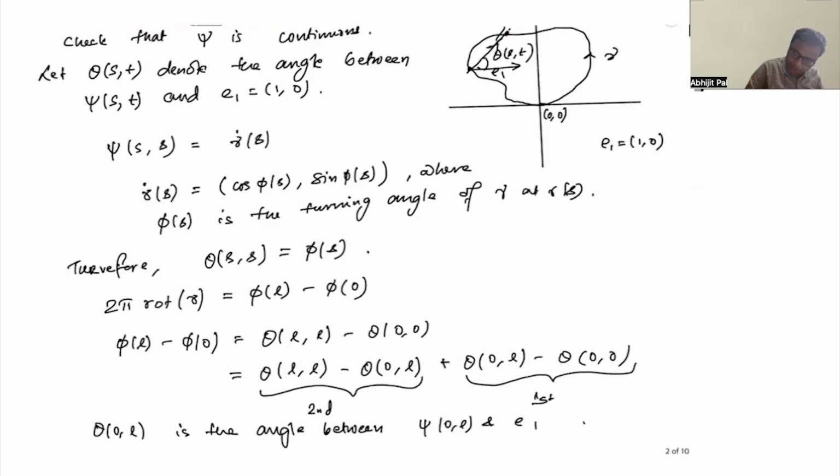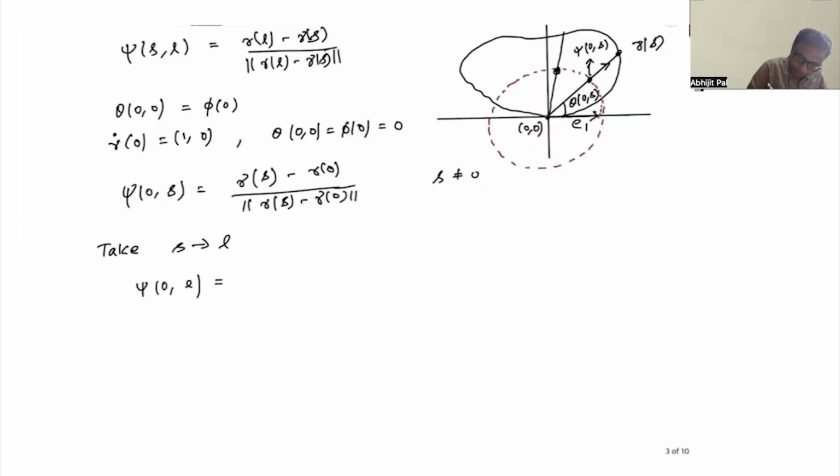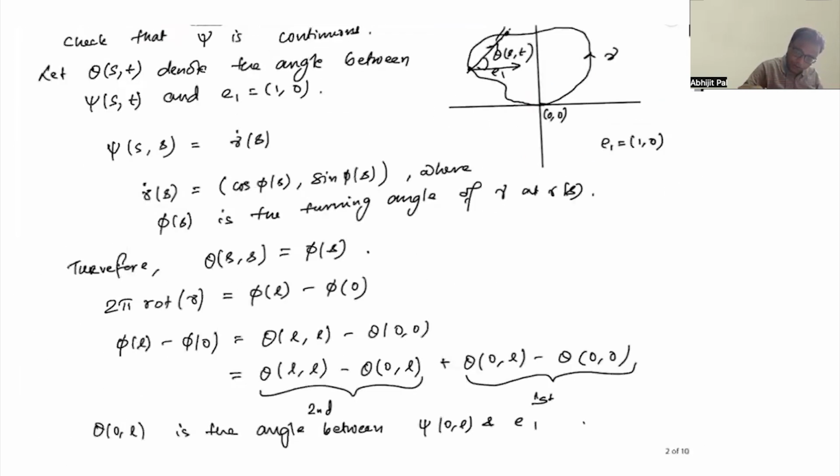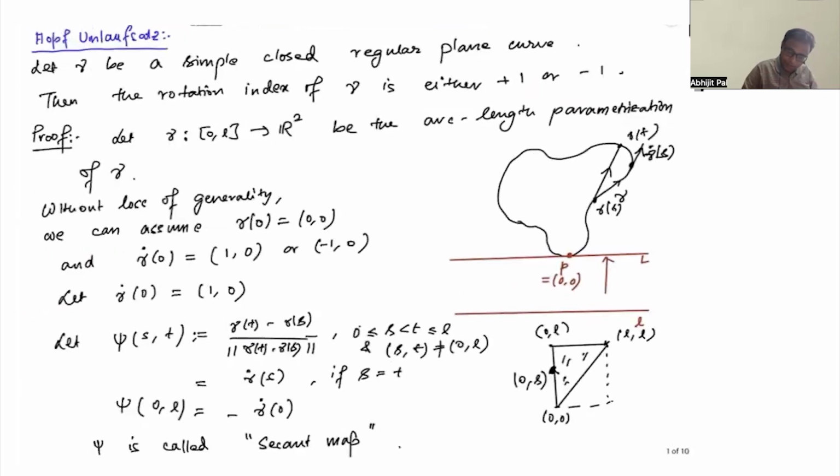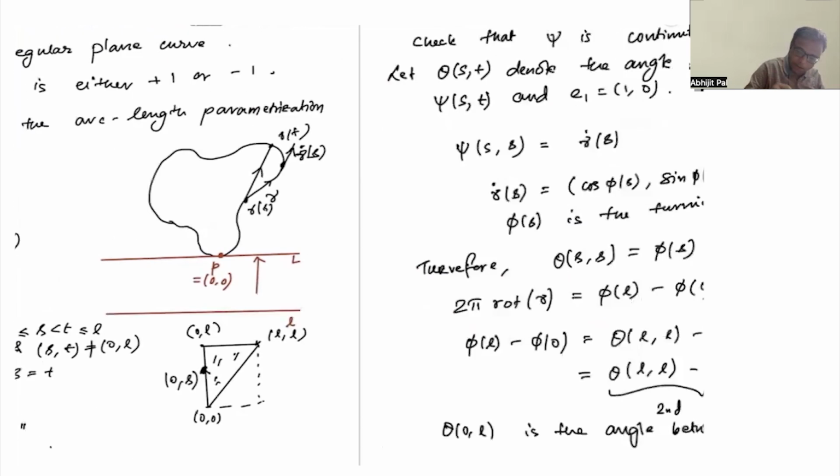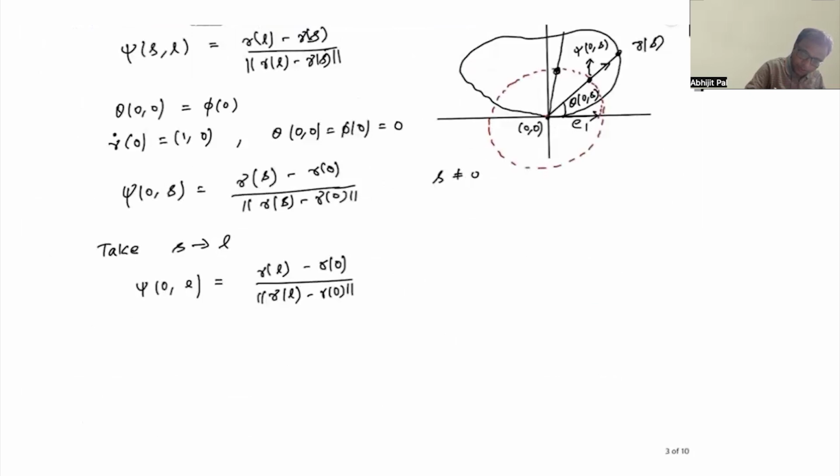It is gamma L minus gamma 0 divided by its norm. Sorry, we have defined this psi of 0L to be minus gamma dot 0. That's why we have defined it this way. So this will be minus of this gamma dot 0.